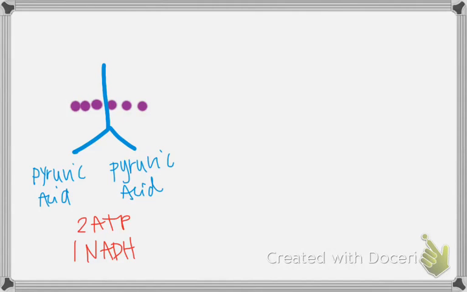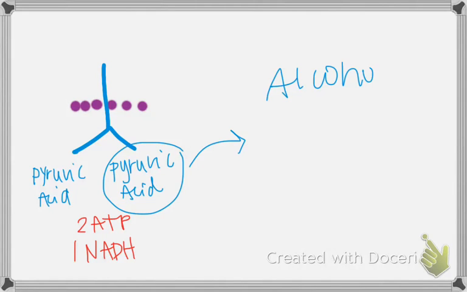Okay, so this pyruvic acid is going to be made into either alcohol or it's going to be made into lactic acid. Okay, and in the process of that, all it's going to do is make NADH become NAD+.